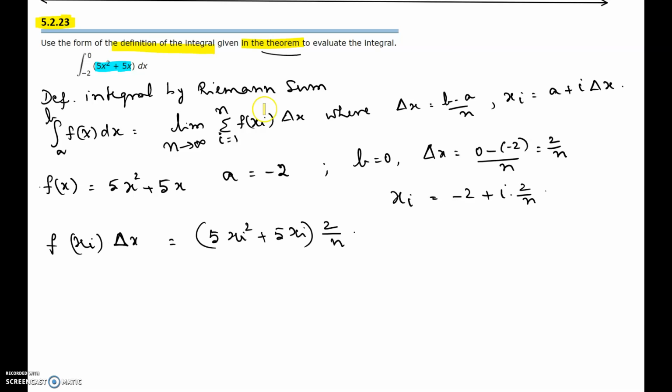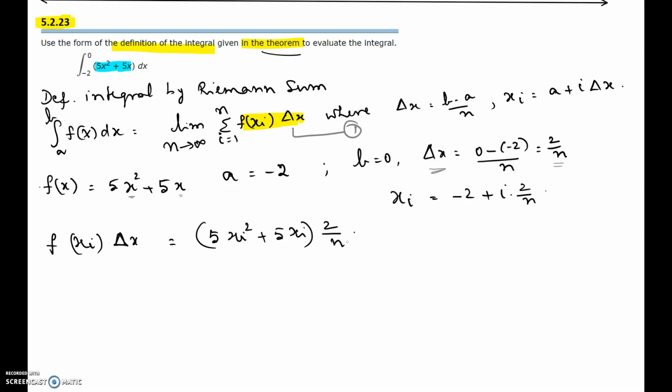First let's evaluate f(x_i) delta x, and then we will take the sigma and then the limit, and then we will get back to the theorem. So this is our step 1. f(x_i) delta x: you replace x with x_i, so it is 5 x_i squared plus 5 x_i, and delta x, which we have already evaluated, is 2 over n.